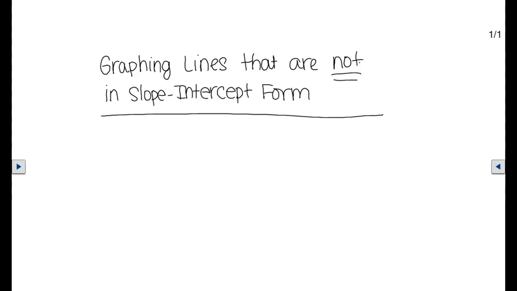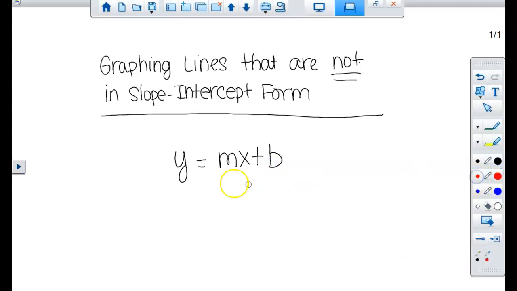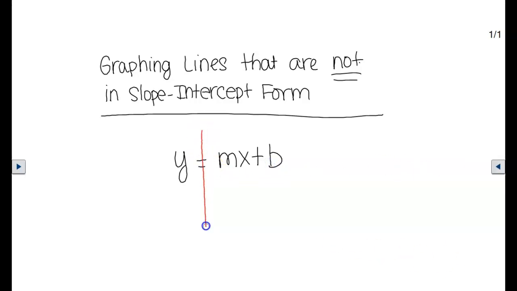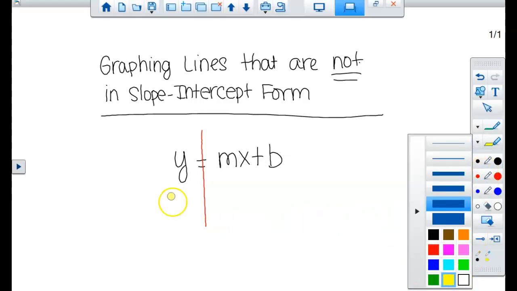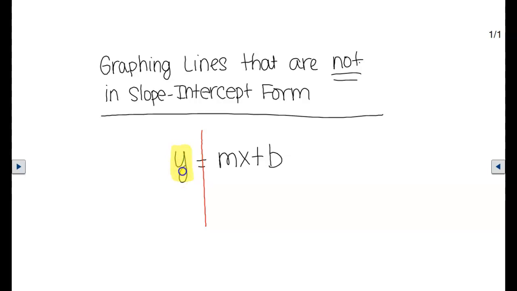Now, just a quick reminder here that slope-intercept form is y equals mx plus b. So what I want you to notice is that if I draw my line through the equal sign, the y in this equation has to be all alone on the first side of the equation, and then everything else shows up over here on this other side.